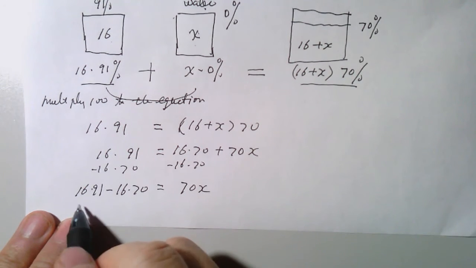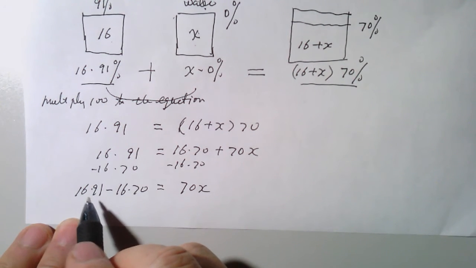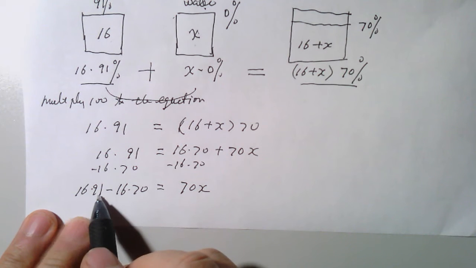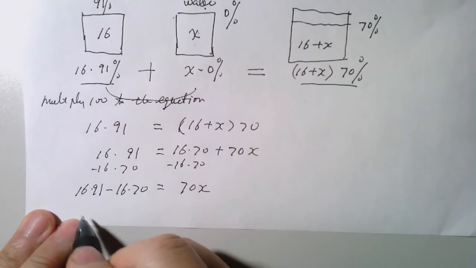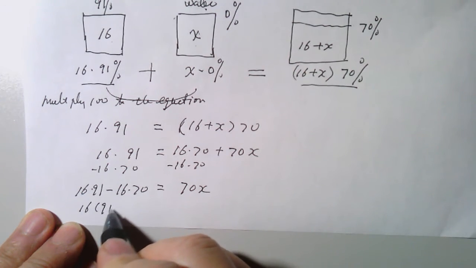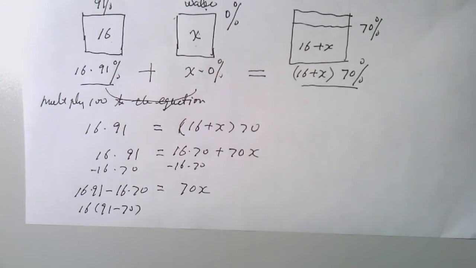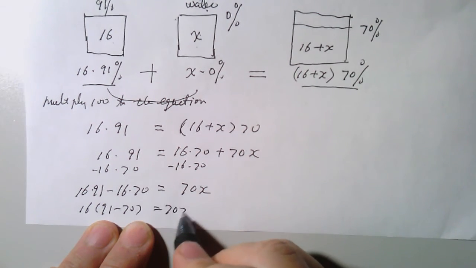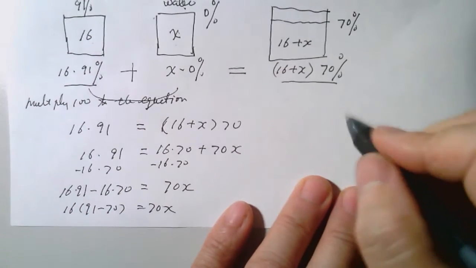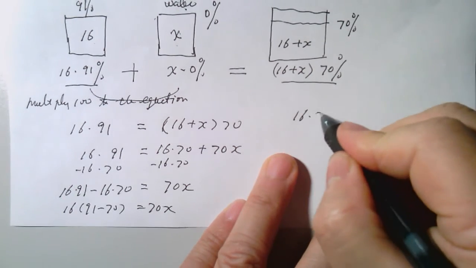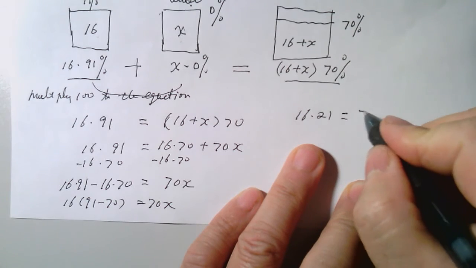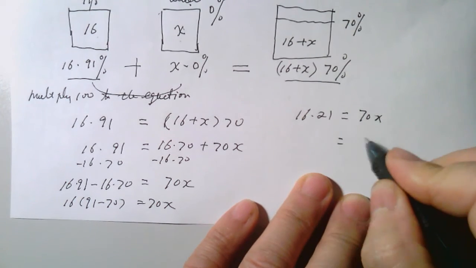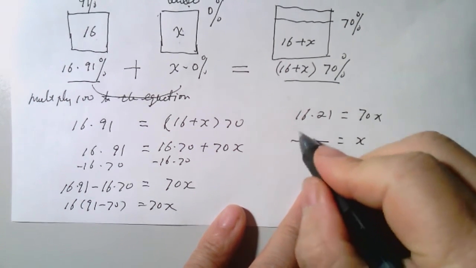You can figure out this number, 16 times 91 minus 16 times 70. You can do it this way, or just use your calculator, it doesn't matter much. So you get 70x. I have 16 times 21, since 91 minus 70 is 21, equals 70x, and you divide both sides by 70.